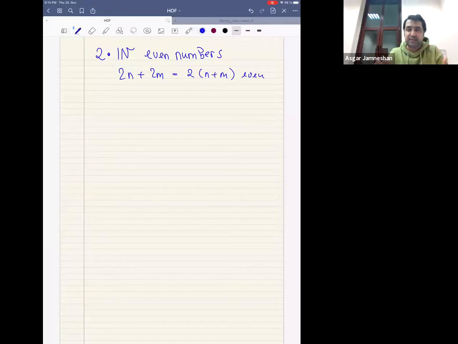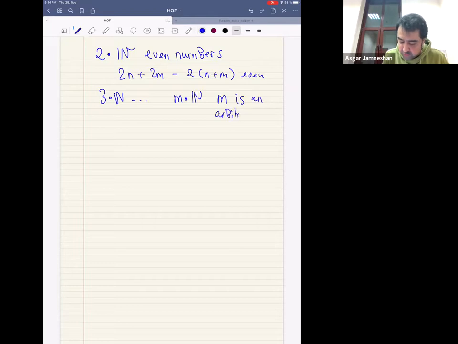So that means that somehow the even numbers are additively closed. The same thing I can say about all multiples of 3, or more generally, about all multiples of some natural number m, where m here is an arbitrary natural number.